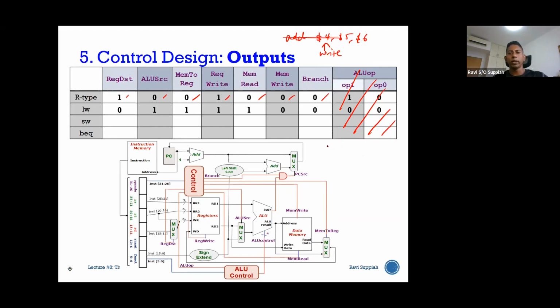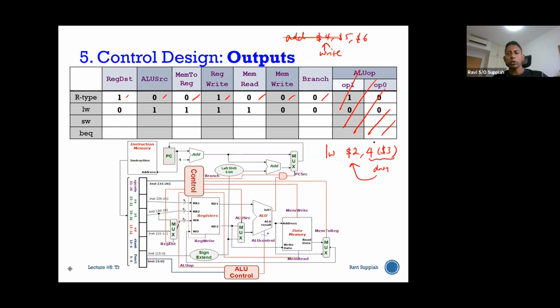If you look at a load word instruction, you're taking the data from a memory location, and then you are trying to take this data and write it back to a register.